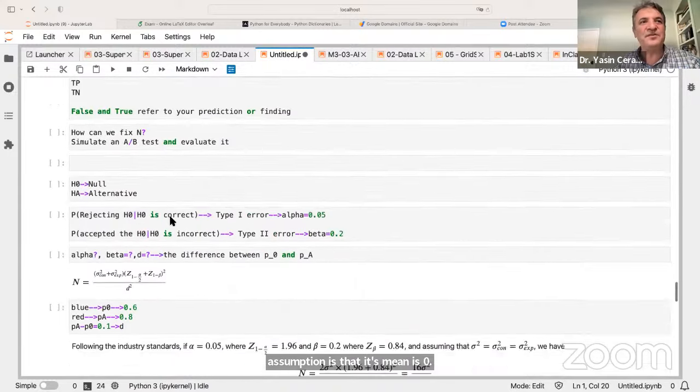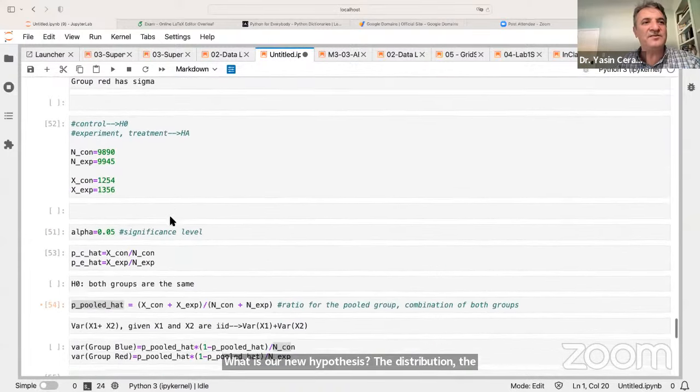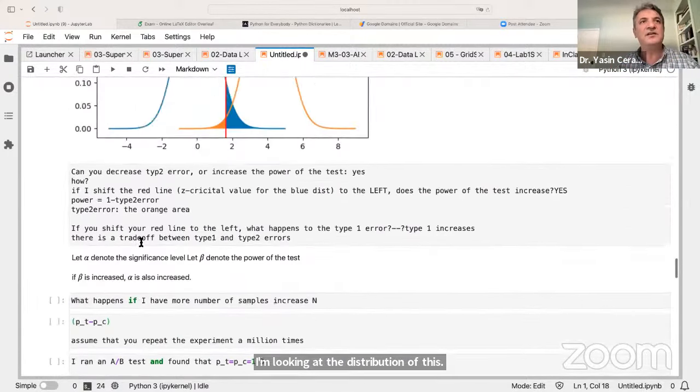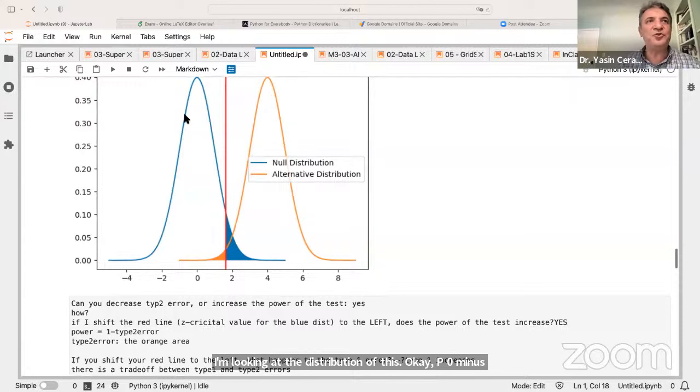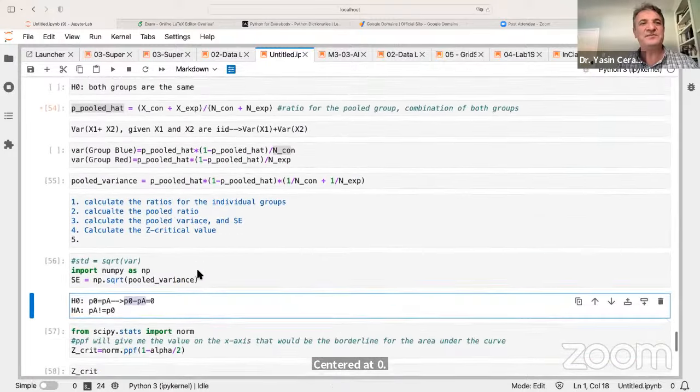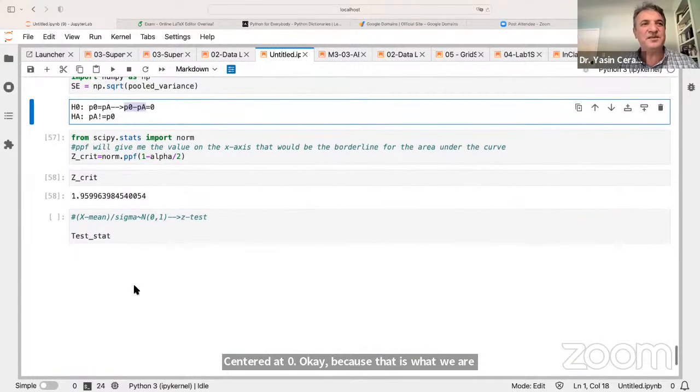The distribution we are looking at is the distribution of this difference, P0 minus PA. This blue line, let's say, is representing P0 minus PA. And our assumption about this P0 minus PA is that it's a normal distribution centered at 0, because that is what we are saying. Its mean is 0.